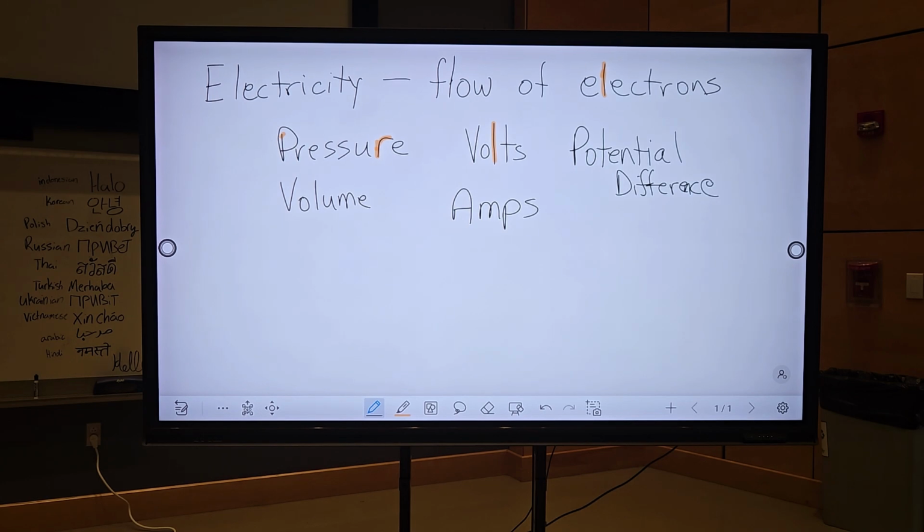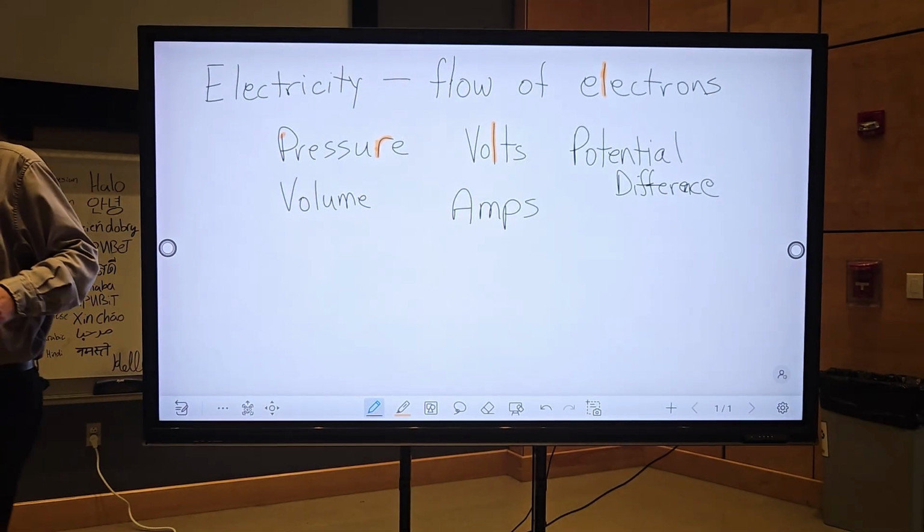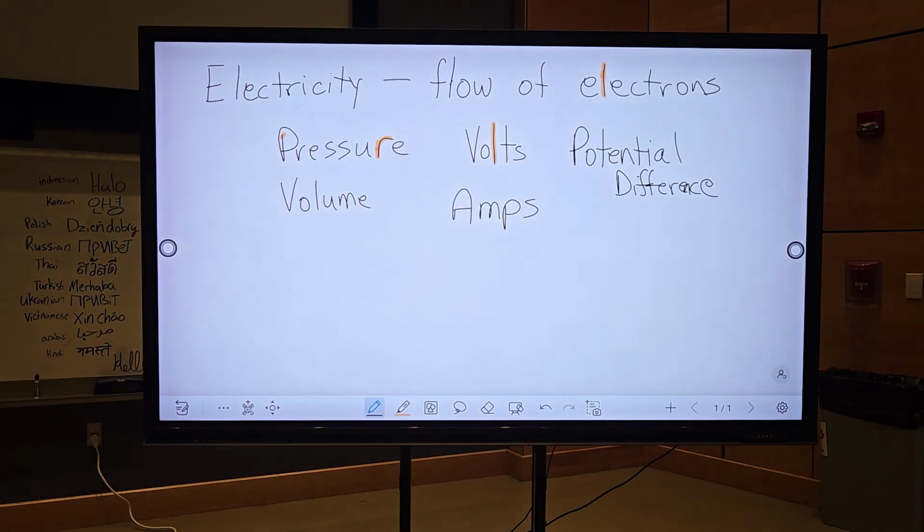Are these fluorescent? Some of them are, I think. Fluorescent lights use a high voltage, high pressure circuit within the light bulb, but it's very low amperage. So the overall power is fairly low.